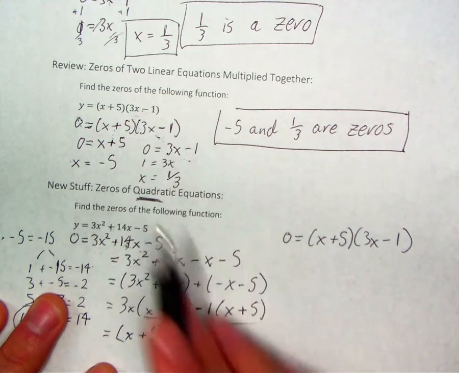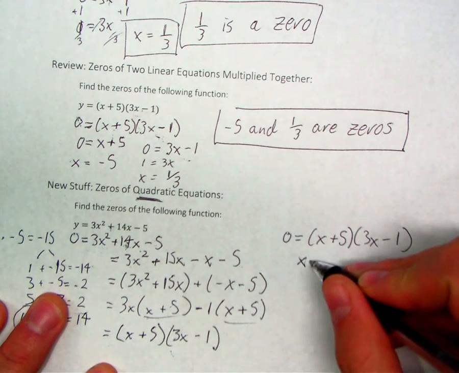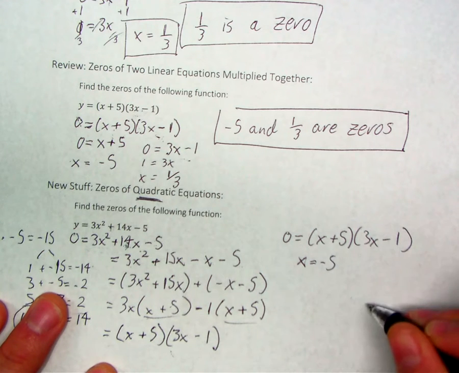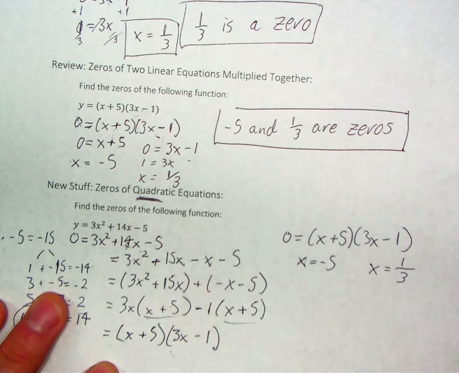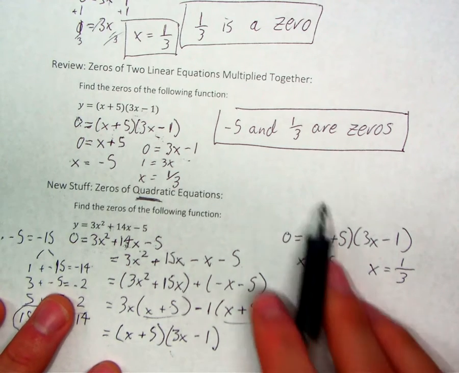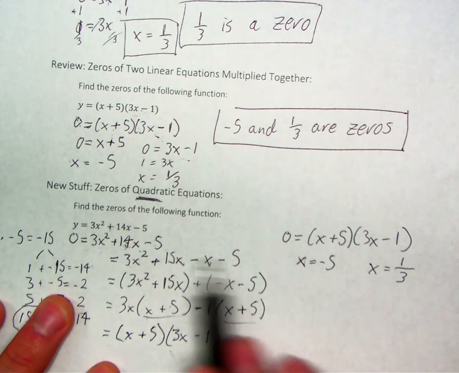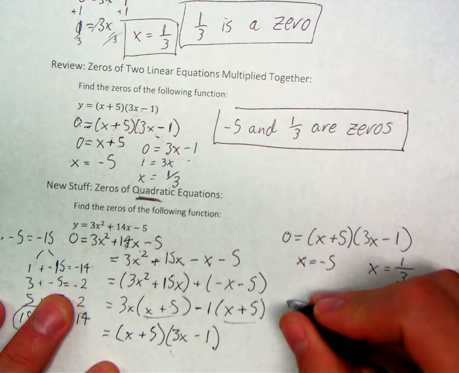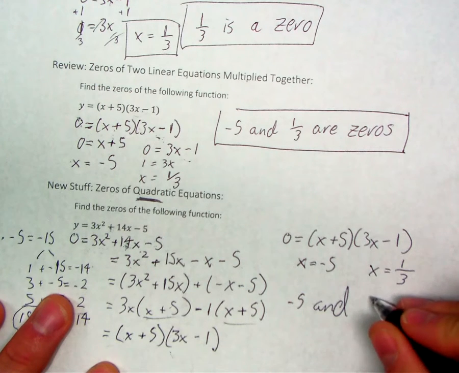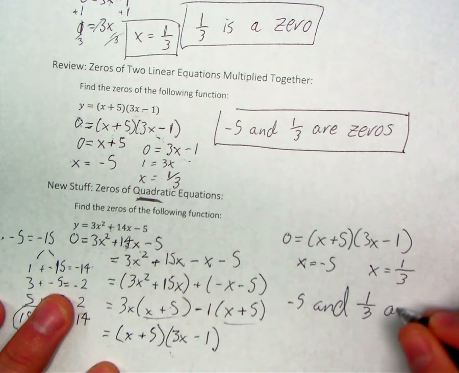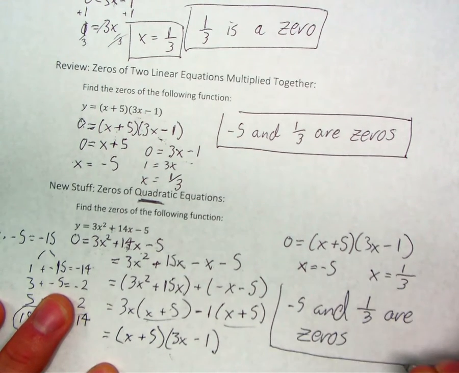And when I did it up here, I figured out that if I want y to be 0, x can equal -5, or x can equal positive 1/3. So the same zeros that I found for this equation up here are also true for this equation down here. -5 and 1/3 are zeros. And there's my answer.